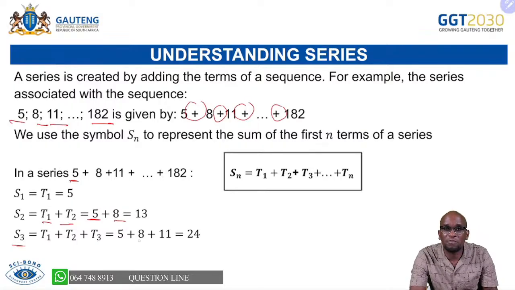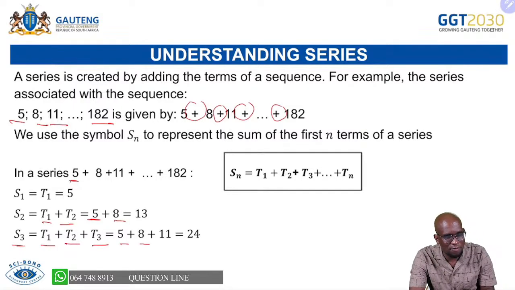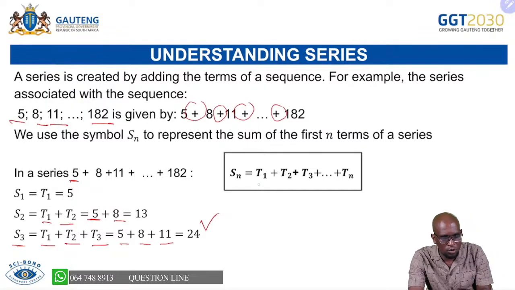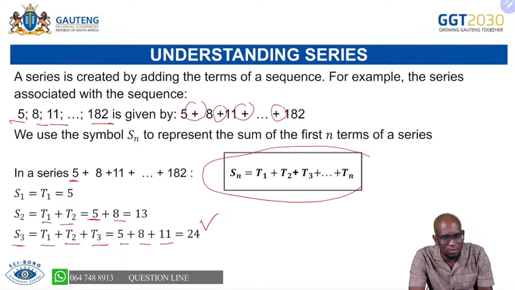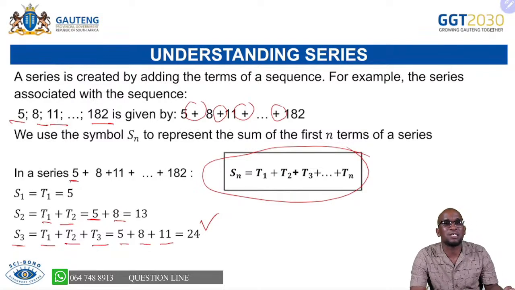The sum of the first three terms, t1 plus t2 plus t3, would be 5, 8, 11, which gives us 24. So when you sum n terms of a sequence like that, you get t1 plus t2 plus t3 up until you get to the nth term. So that is what a series is about.